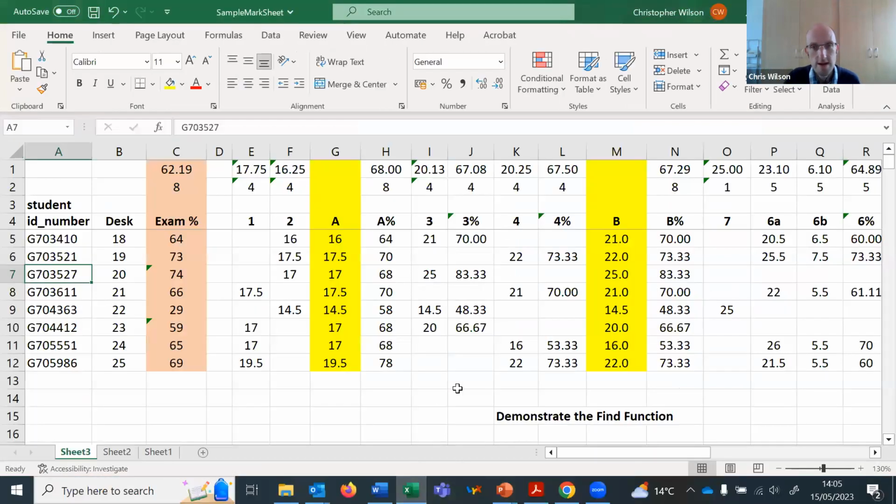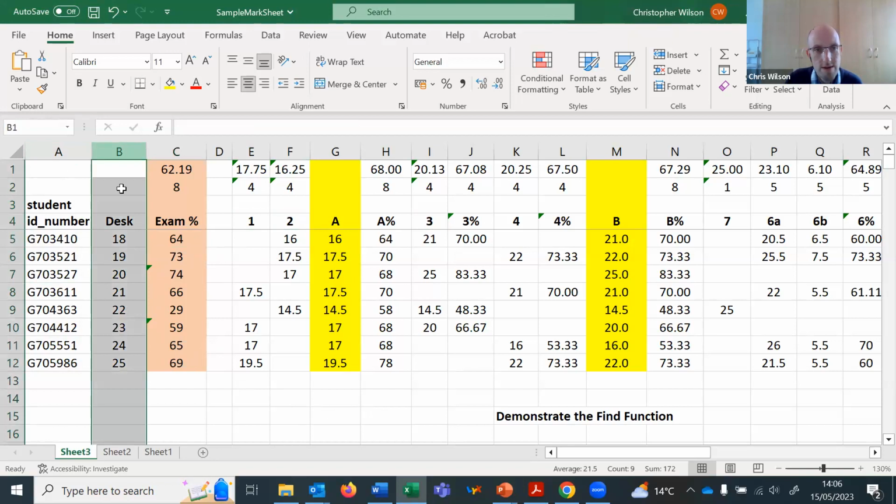Okay, so this is an example spreadsheet. I'm sure they can look totally different, but here I've got the student ID number. Your module leader will probably provide this for you. And then we've got the different marks for the different questions here, and various equations that form the final exam mark and things like that. First thing to point out is that I quite like working with desk numbers.